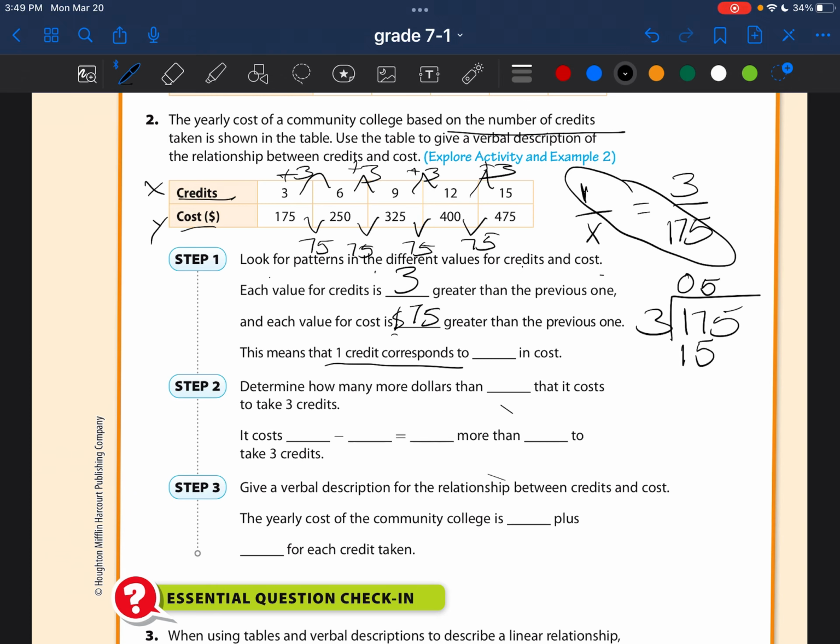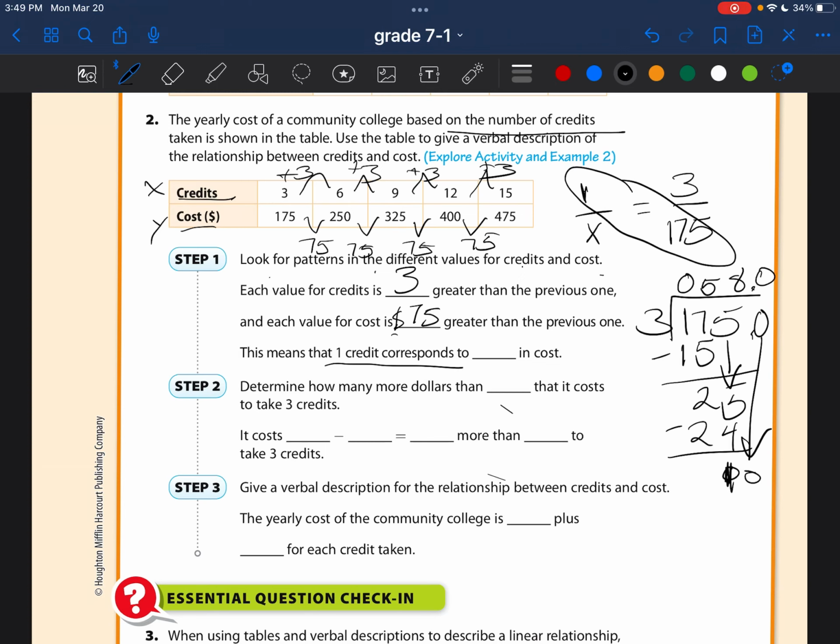That's a 15. Subtract that. That's 2. Bringing down my 5, and then we have 8, 24. Subtract that. And we can keep going, but we're not going to.